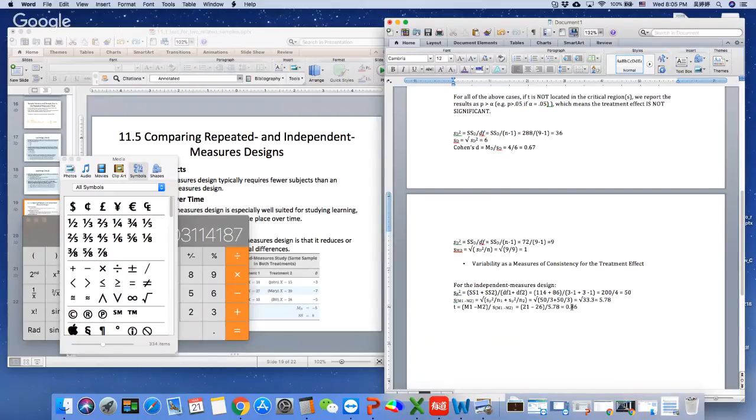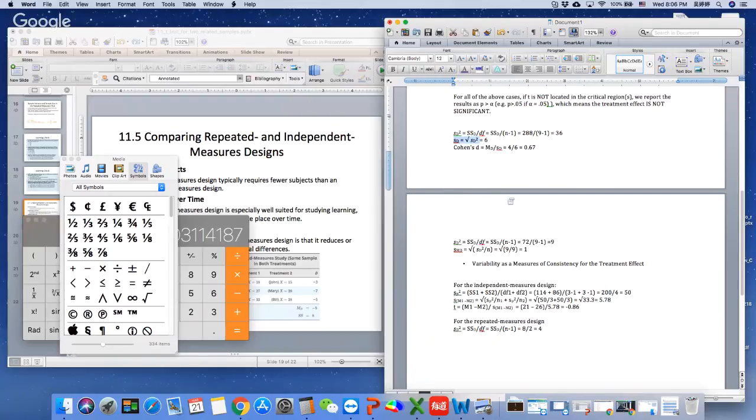Which is negative 0.86. I use the same data for the repeated measures design, right? And then we can compute the t value again. So use the same formula, copy and paste. The SSD we know is 8, divided by n minus 1 which is 2, which is 4, right?